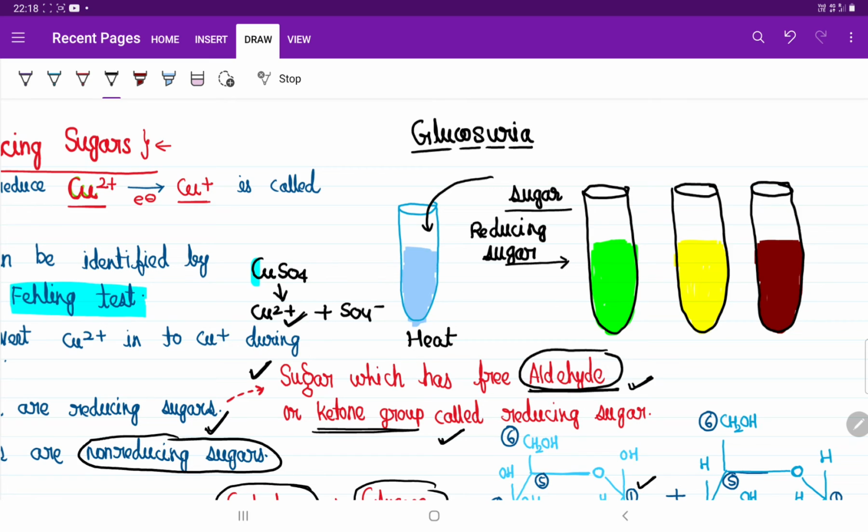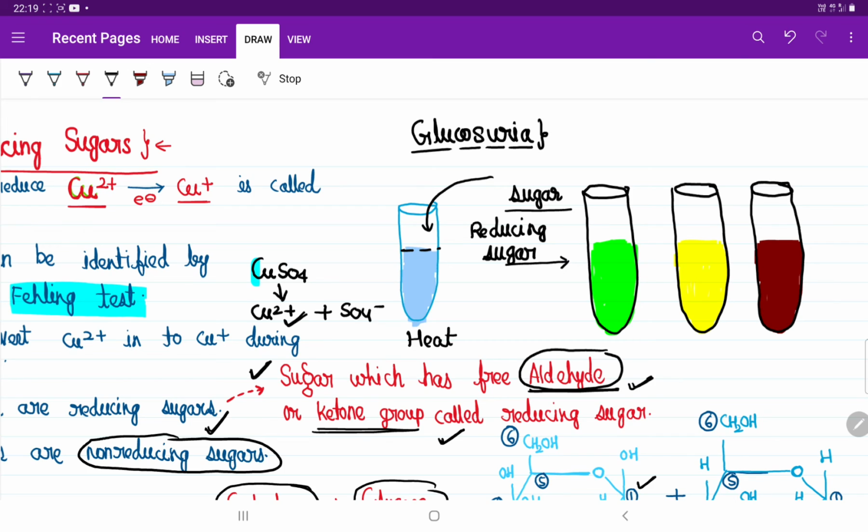How? Those who have diabetes, glucose is released in urine, and that condition is called glycosuria. So if the person is suffering from diabetes and glucose is releasing in urine, that means the person has glycosuria. Glucose is a reducing sugar. I will take that person's urine, heat it, and add 1 drop of Benedict reagent.